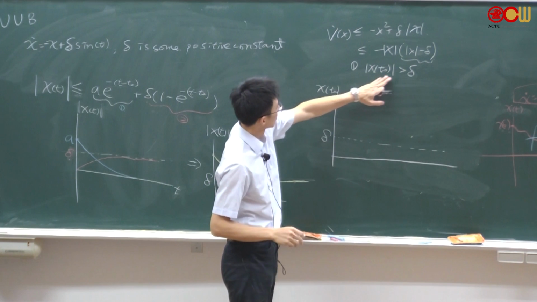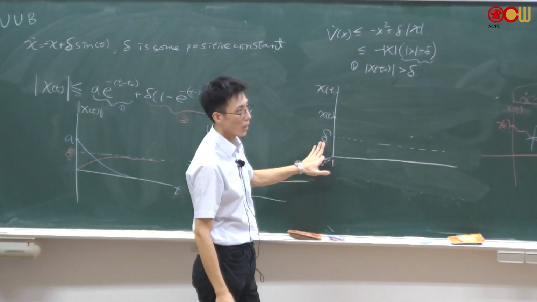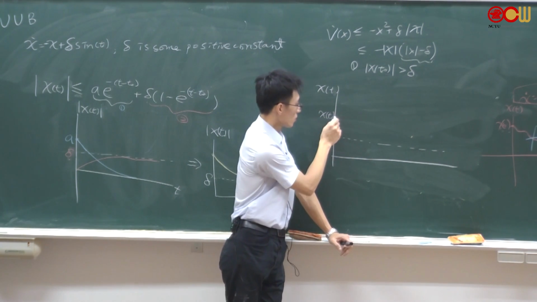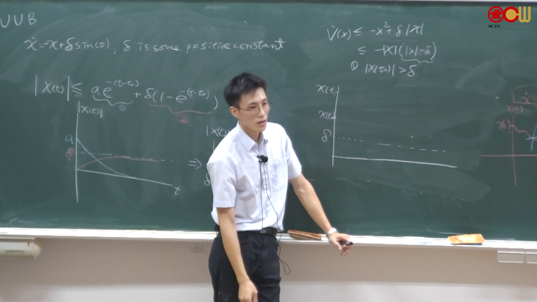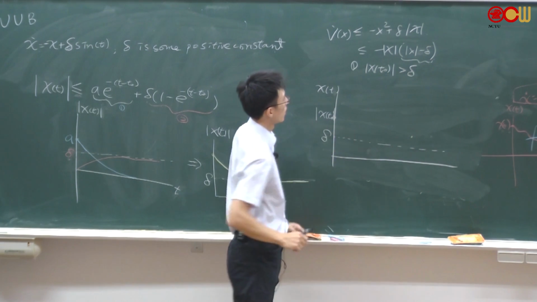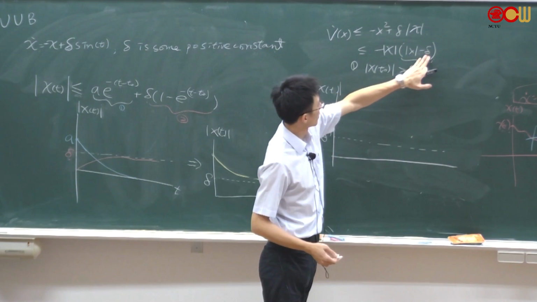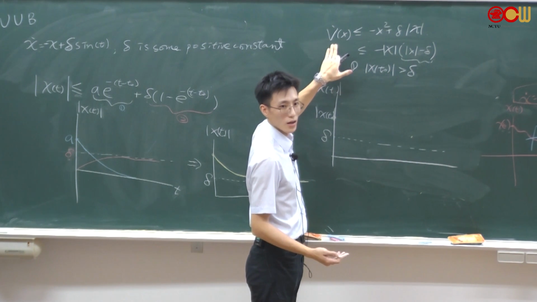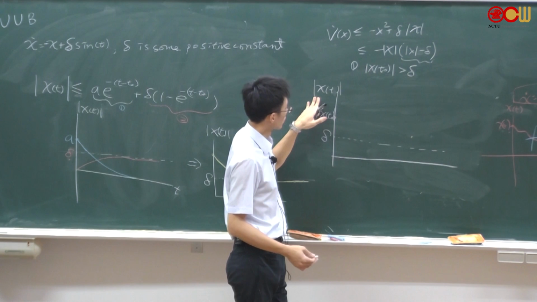If you start from an initial condition that's greater than delta, guess what? Will it go up or go down? Will v of x norm decrease or increase? This is greater than this, so v dot will be negative, and the x(t) norm will decrease.